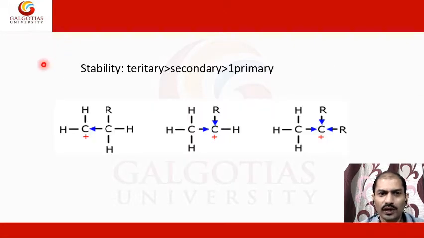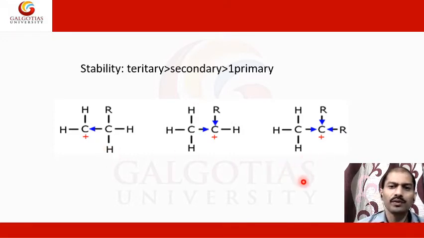As for stability, the tertiary carbocation is more stable than secondary and primary. This is due to hyperconjugation. You might have some idea from the previous classes and the previous lecture as well.